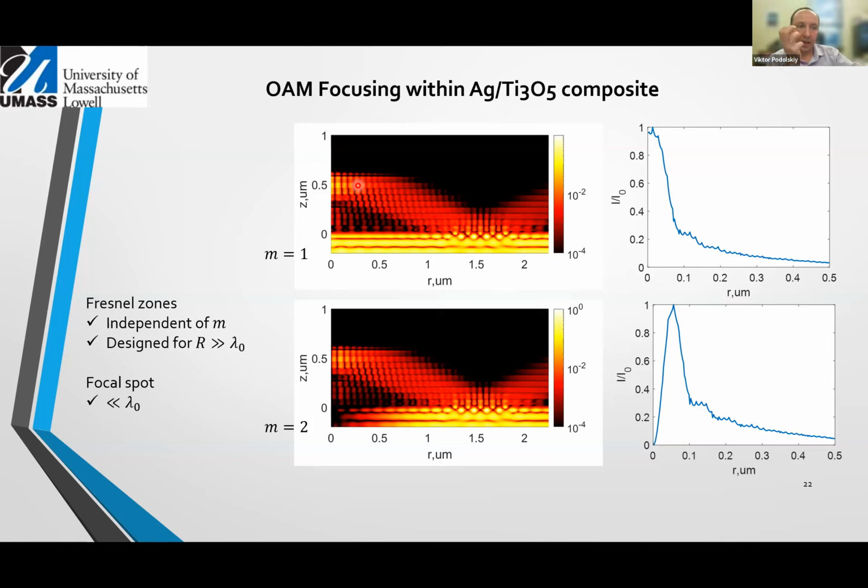So if you send in m=1 light, you have m=1 dependence on the angular axis, but then you have strong modulation of polarization in this plane, in the radial direction.